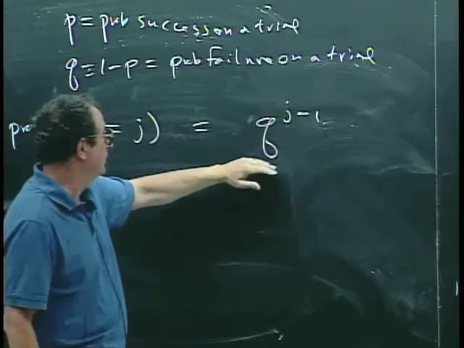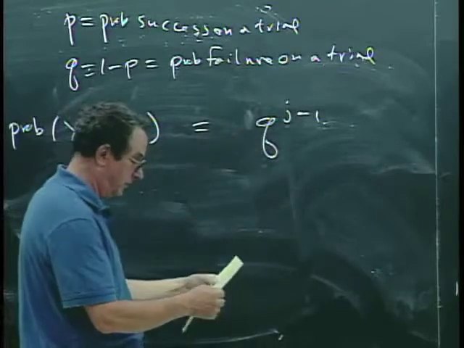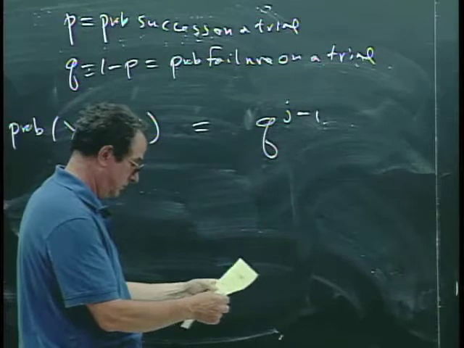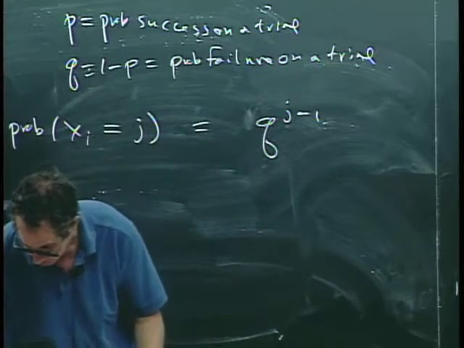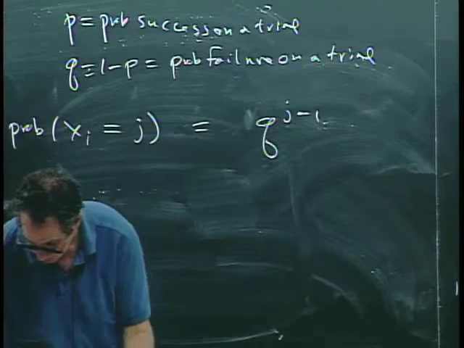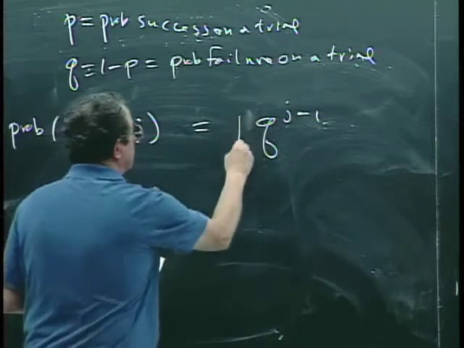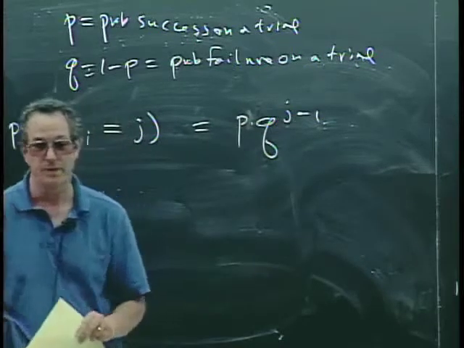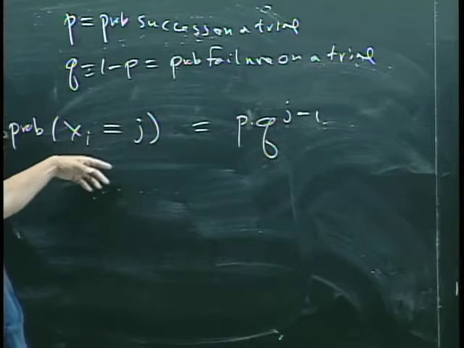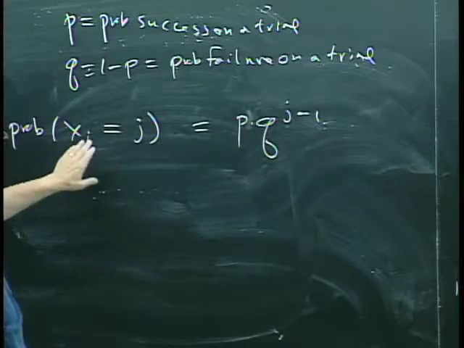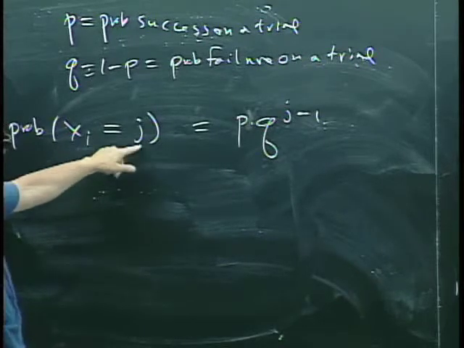Each time is... actually, I don't have that in my notes. Page 1, page 2. Yeah, okay. That's what I should have. Okay, so let me ask the same question. This is now the probability of xi equals j.